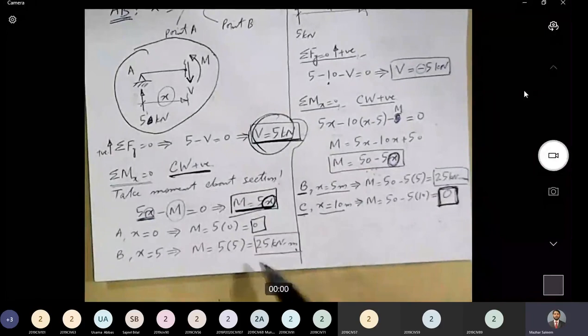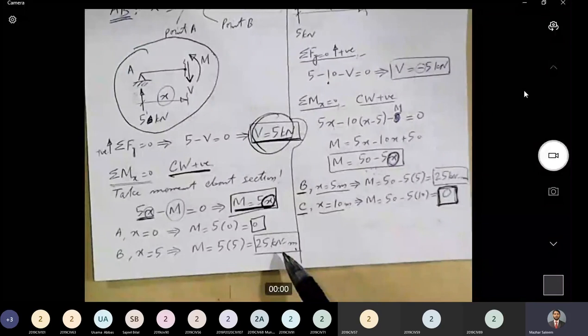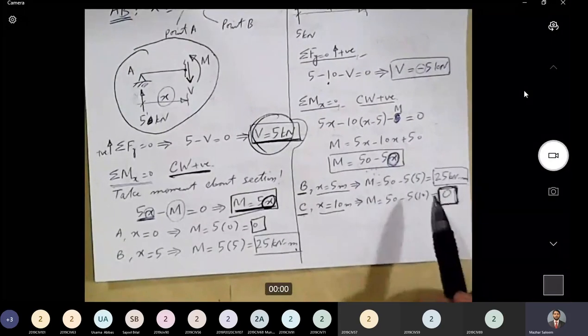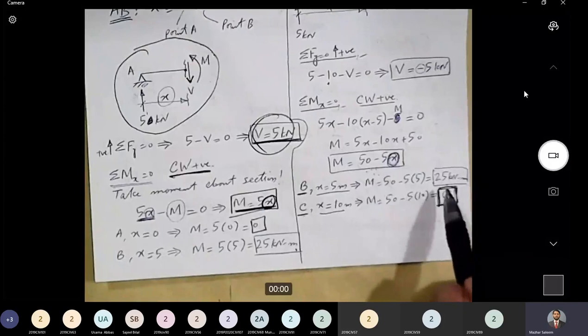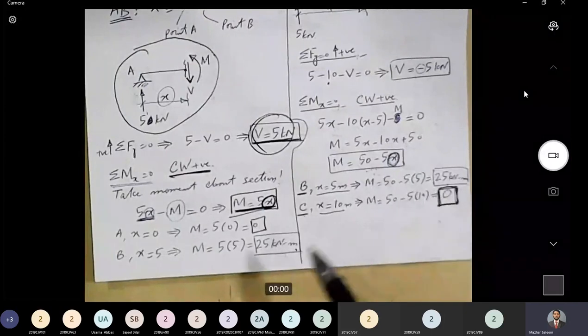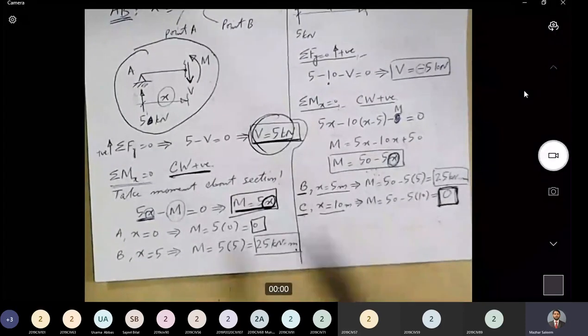For point B, we got the value of bending moment equal to 25 kilonewton meter from both sides, from side AB as well as from side BC. This is also logical because there is no point moment acting at point B, so the value of moment should be the same at point B from either side.